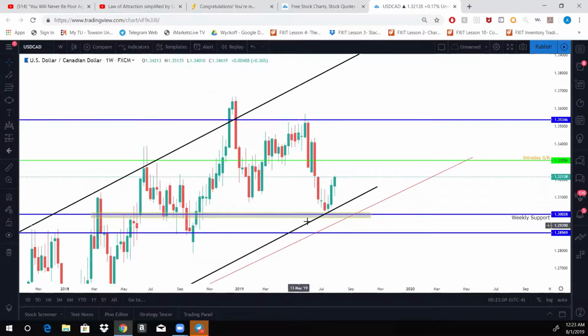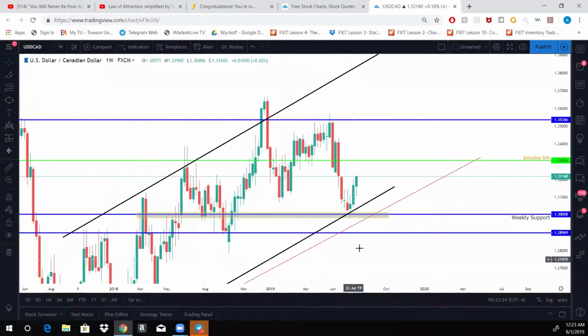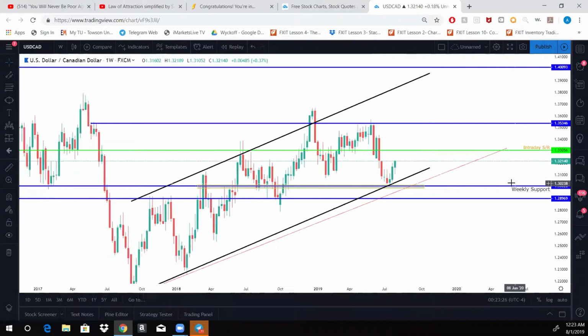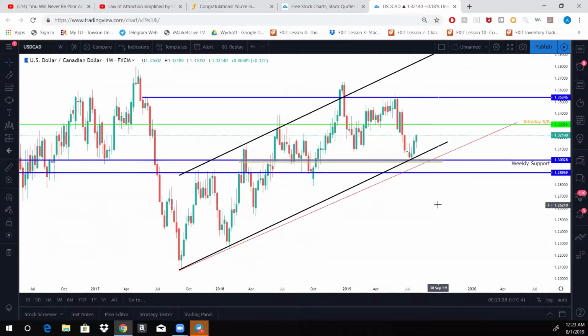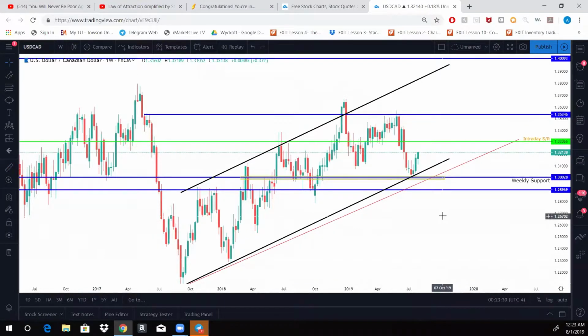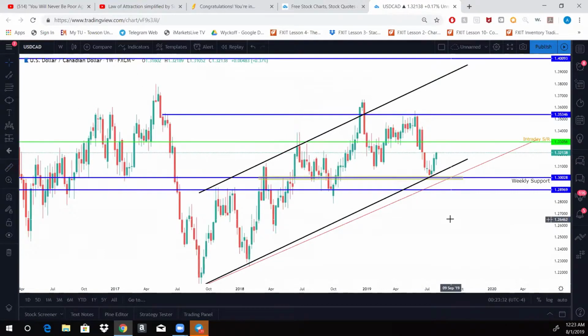It touched the channel and this supply zone, which is weekly support, and it bounced right back up, and now it's on its way back up. Already moved 190 pips. It's just beautiful how this works. It's really simple, and it's very effective.